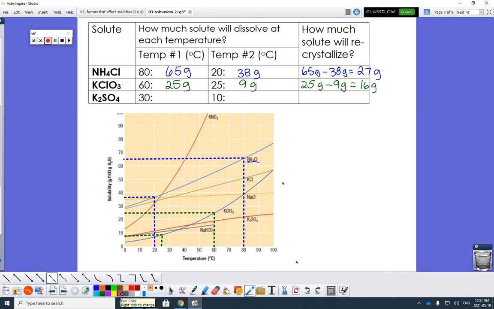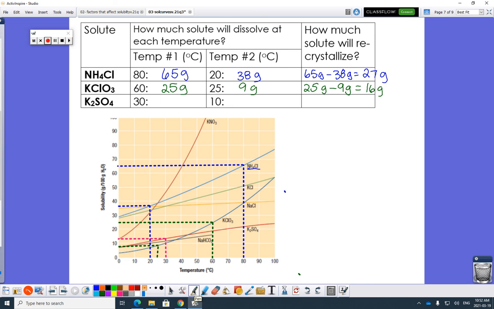Now we're going to do K2SO4, which is the red line. 30 degrees. I don't know, what would you call that? Like 12 grams? Maybe 11?